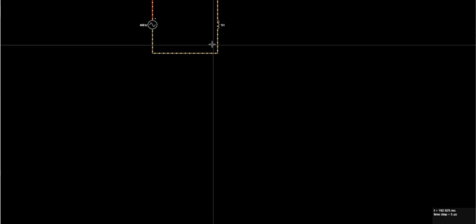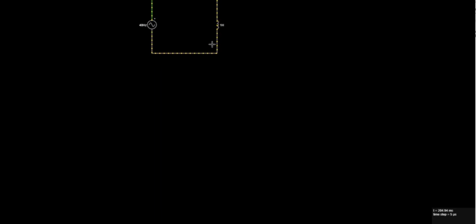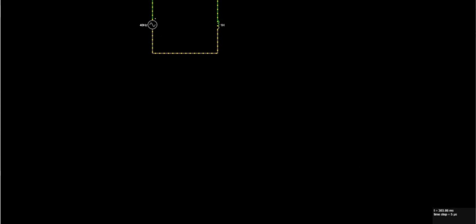Change your resistor value from whatever its default value is to 80.6. Double click on the resistor and set it to 80.6 ohms. Okay. Change your inductor value from its default value to 42.5 millihenry.